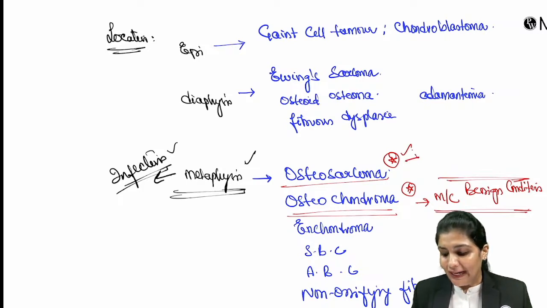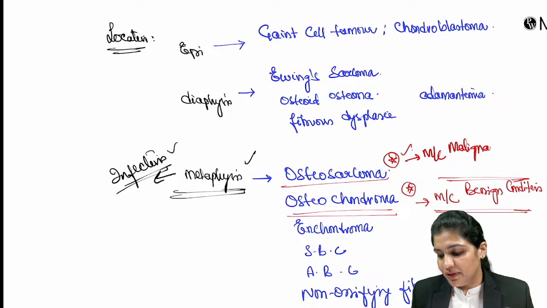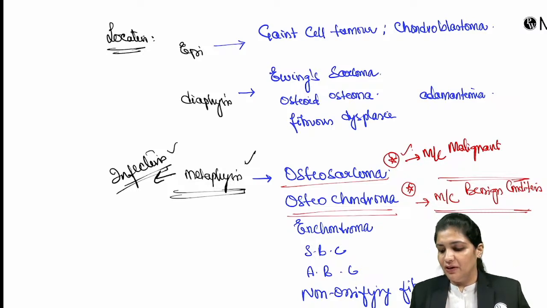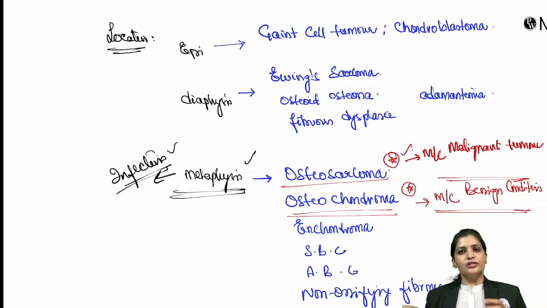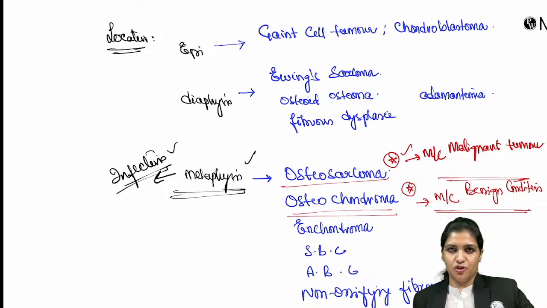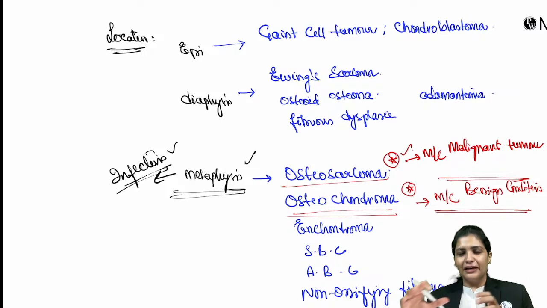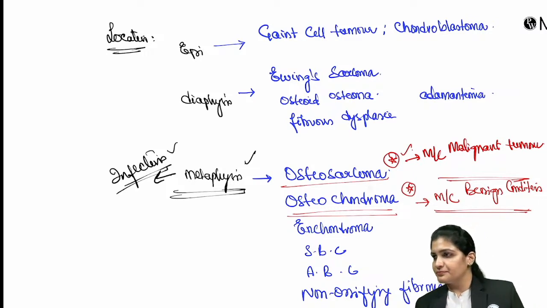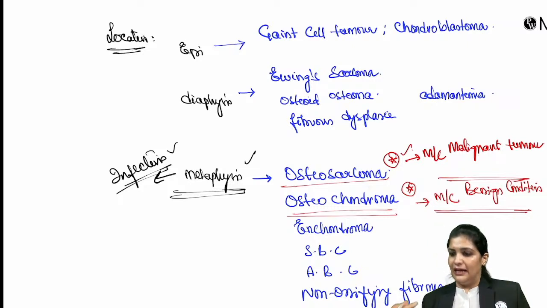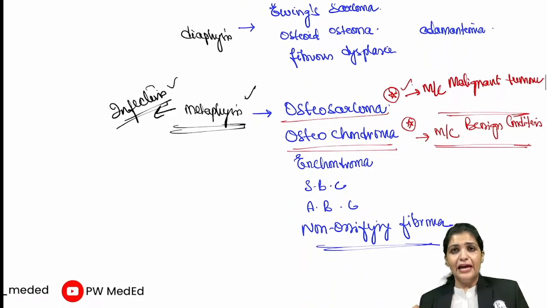And the most common malignant bone tumor which is non-hematopoietic, that is other than your multiple myeloma, is considered as your osteosarcoma. So these are certain important things which you can remember, and you can deduce from the question.